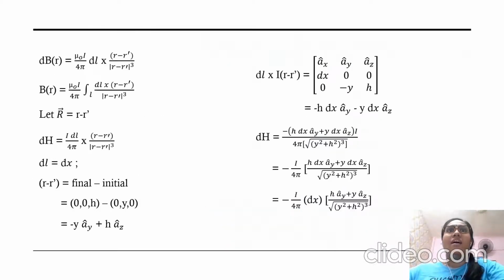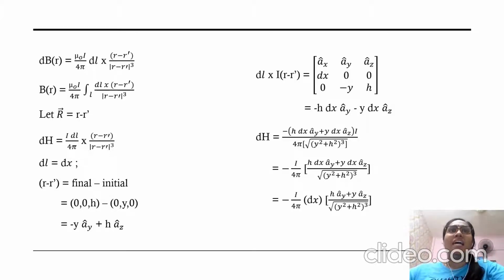Then the next step is to rewrite the Biot-Savart's law in this form, which is mu naught I over 4 pi, dl times (r minus r prime) over the modulus of (r minus r prime) cubed.